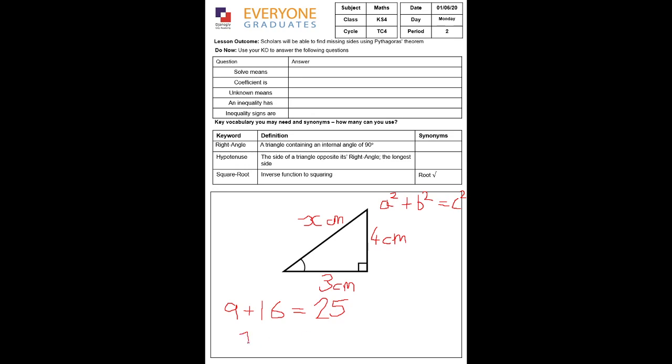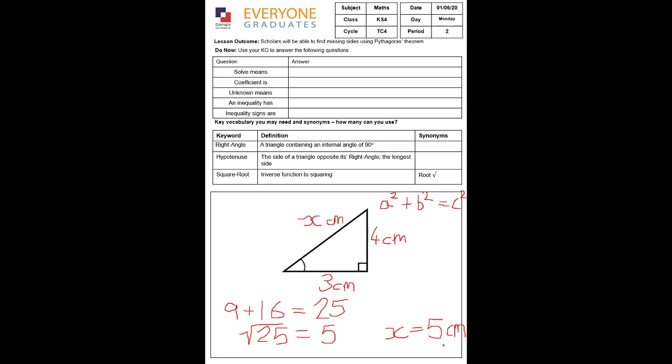So the square root of 25 is 5. So we can finish that off by writing x equals 5 cm.